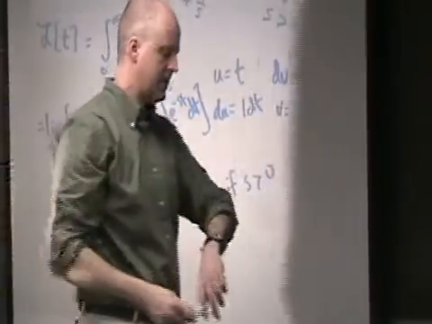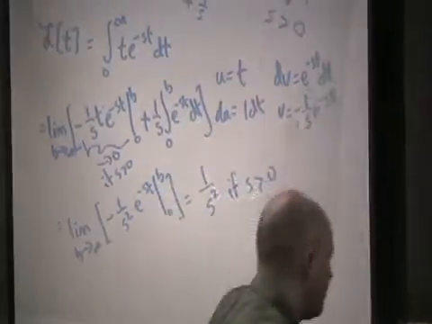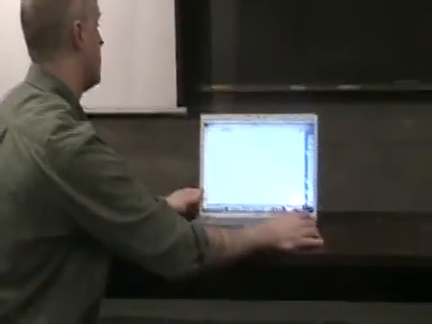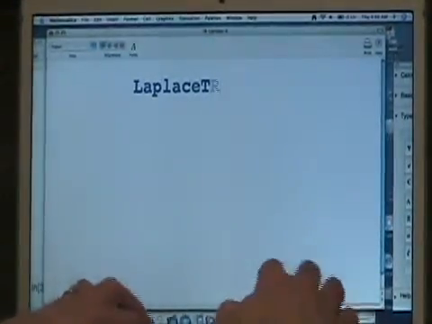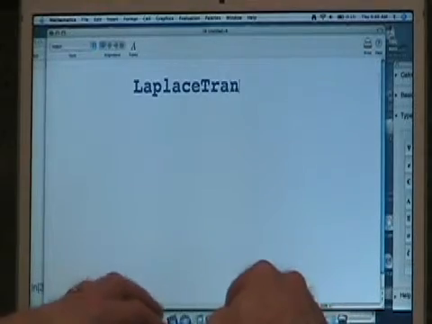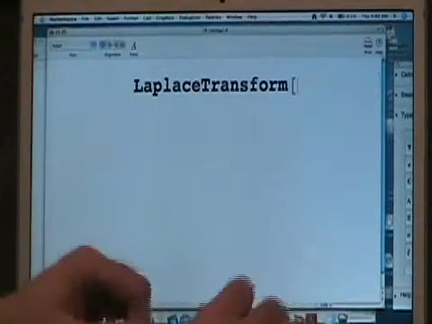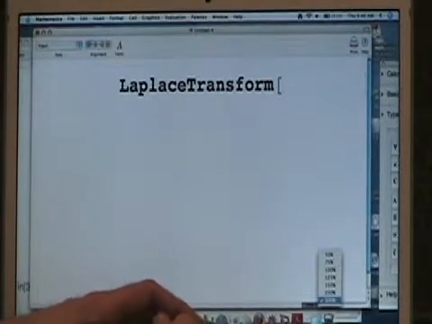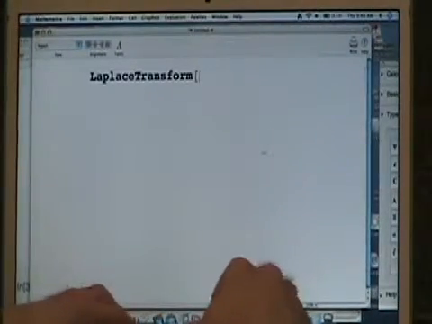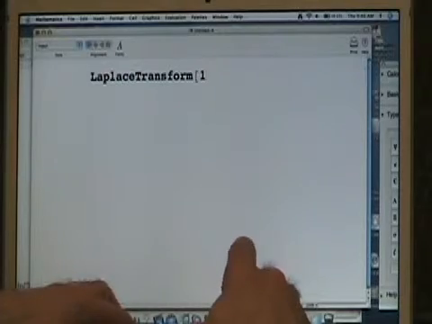Let me very quickly show you that you can check this on Mathematica. Just zoom in there. There's a built-in Laplace transform command. Plug in your function. I'll do the first example, the function 1.